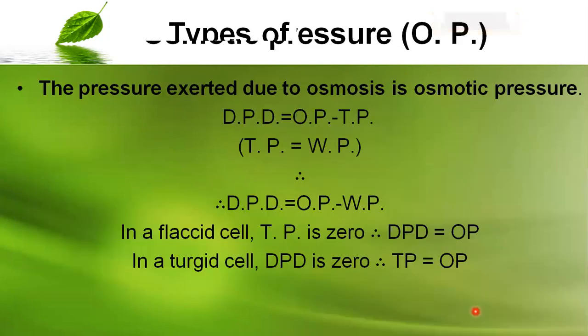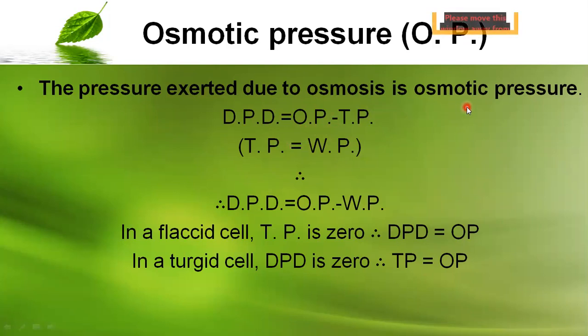Now we will discuss osmotic pressure. The pressure exerted due to osmosis is osmotic pressure, which is required in the opposite direction. So osmotic pressure is a pressure of the solution which is required in the opposite direction, so as to stop the entry of solvent molecules into the cell.